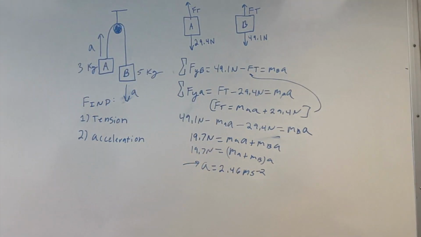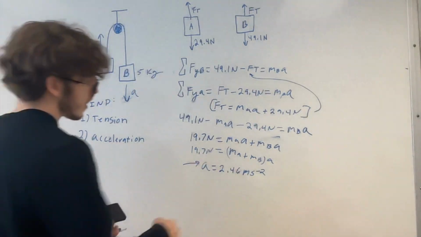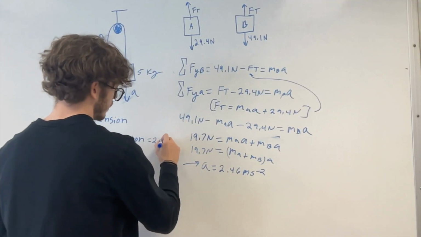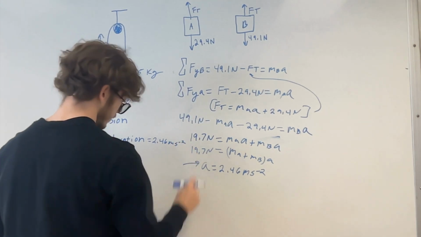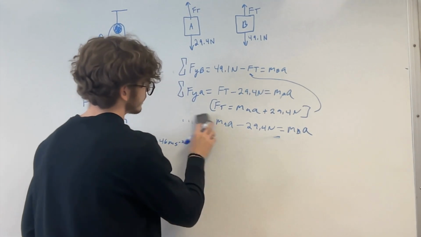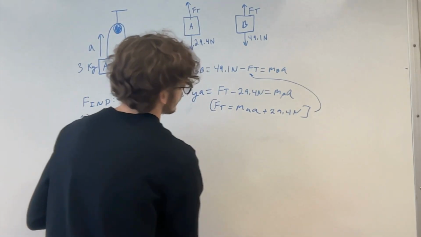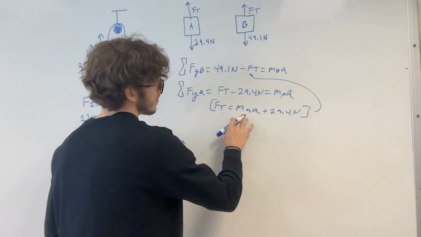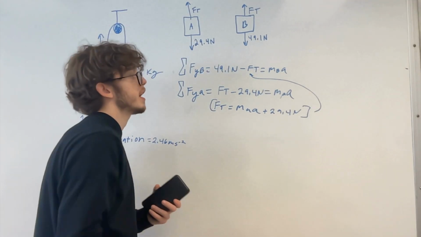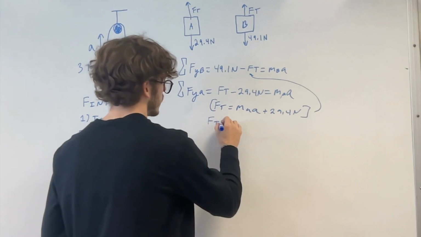Okay, now we can use that to find tension. We know that acceleration, we found 2.46 meters per second squared. Force of tension is equal to mass times acceleration of A plus 29.4 newtons. So let's actually just plug and chug here.